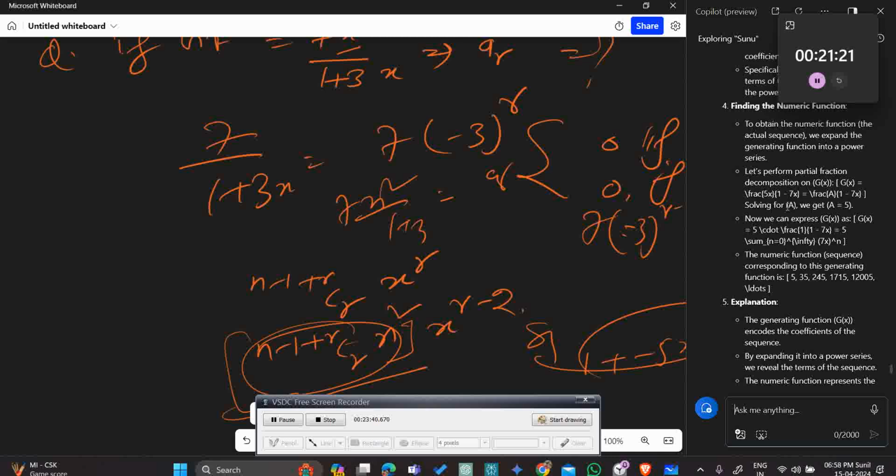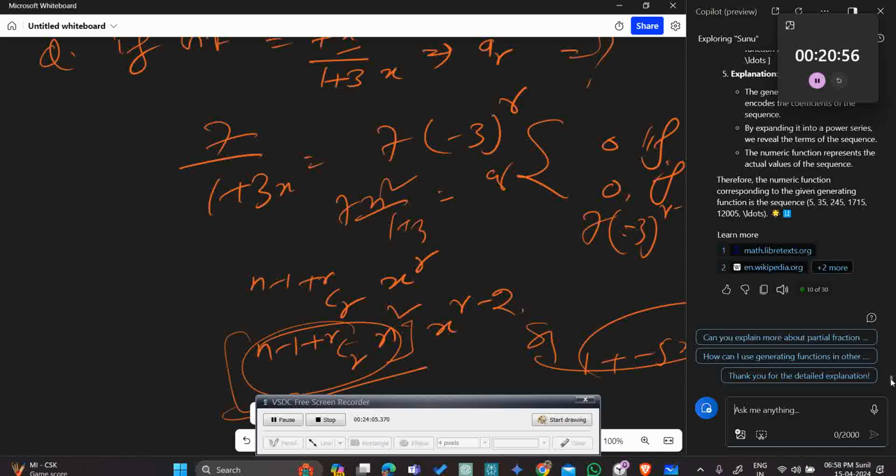Solving for A, we get A equal to 5. Now we can express G(x) as 5 dot fraction 1 minus 7x is equal to 5 sum. What the hell? This is not the case. This is not what I expected.